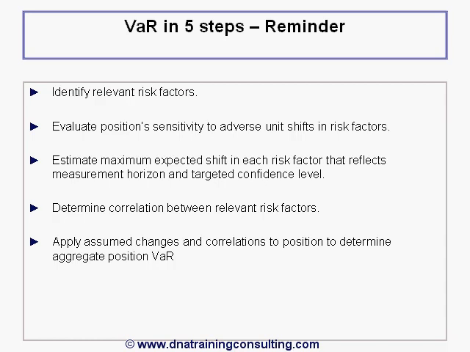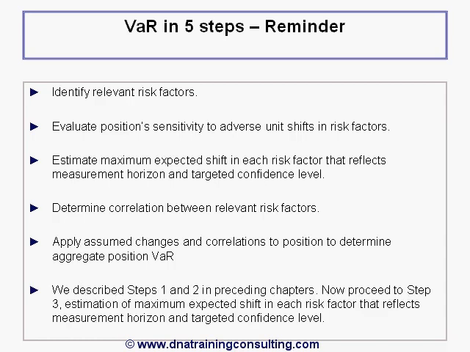We described steps 1 and 2 in comprehensive detail in the preceding chapters of this module. We proceed now to step 3, the estimation of the maximum expected shift in each risk factor that reflects the measurement horizon and targeted confidence level.